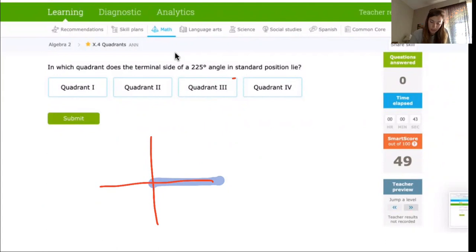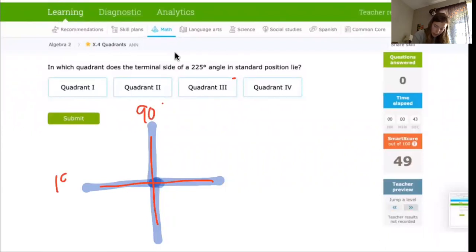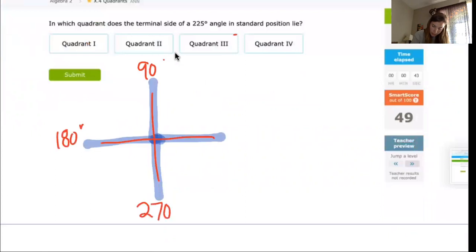So this would be a 90 degree angle. This would be a 180-degree angle. Here, I'll mark these. So this is 90 degrees, that's 180 degrees, this is a 270-degree angle. So 225 is between 180 and 270.